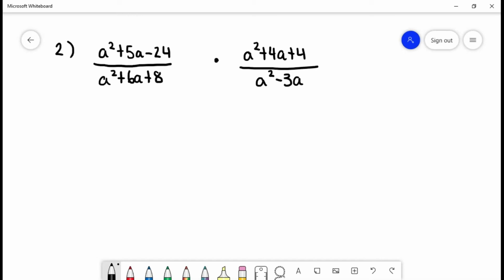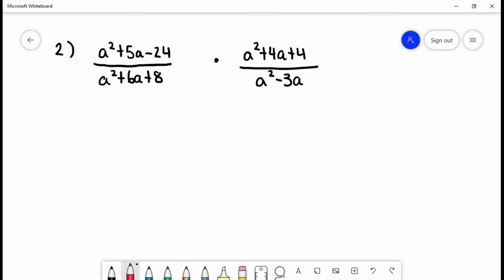So we're going to be conducting our simplification the exact same way, where we're going to be factoring our polynomials and then canceling out common terms in both the numerator and denominator. So we're going to be doing the exact same thing in establishing two numbers, yet again carrying out a process of factoring polynomials.